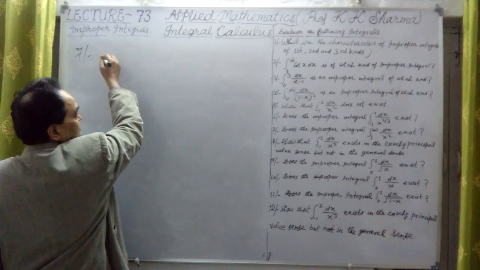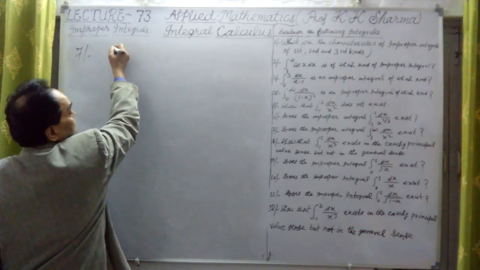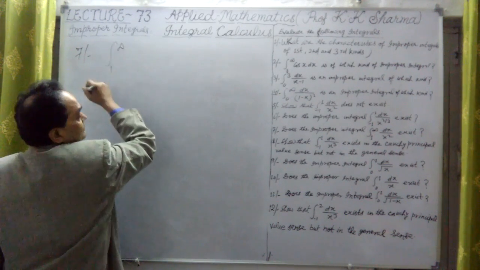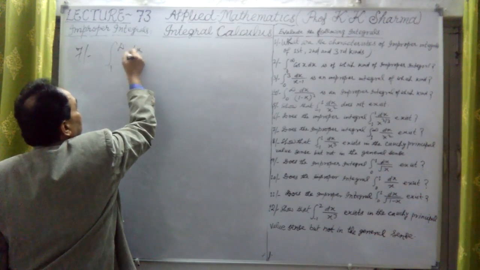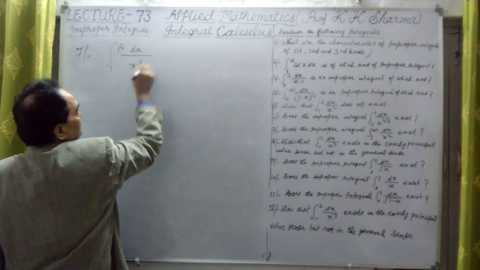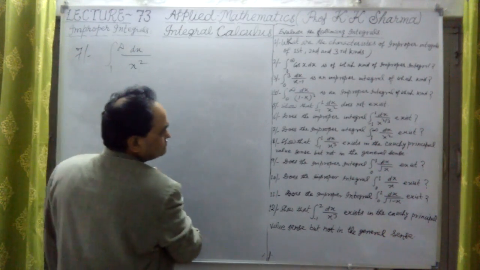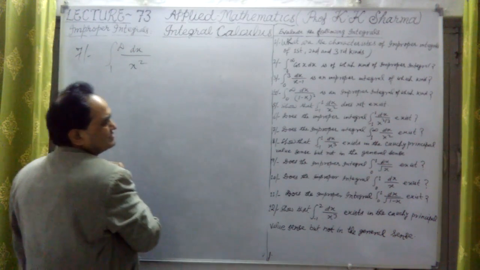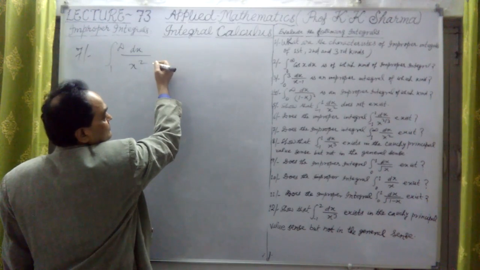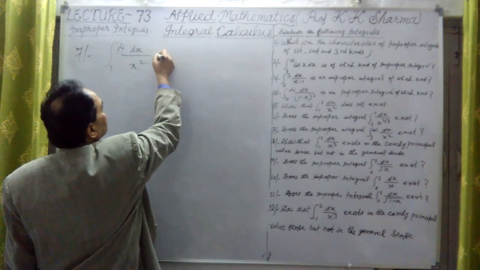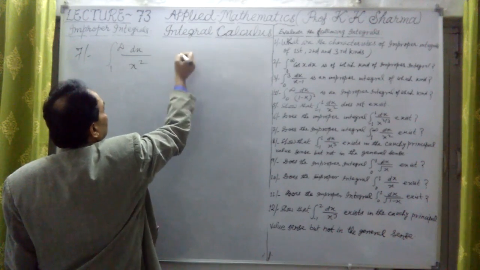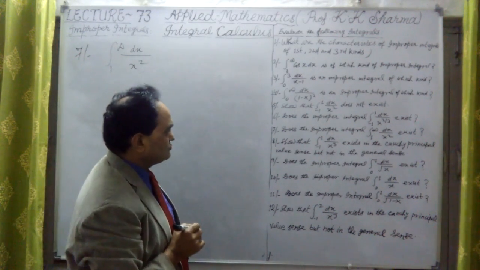Let me check it. This is 1 to infinity dx upon x square. Exist or not exist, that is the question.